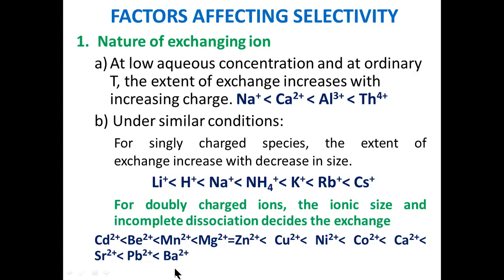You can see here, if you consider barium chloride, its dissociation will be rapid. So the exchangeability for barium will be more when compared to lead, strontium, calcium, cobalt, nickel, copper, and zinc, and these two have the same exchangeability, more than manganese, beryllium, and cadmium.